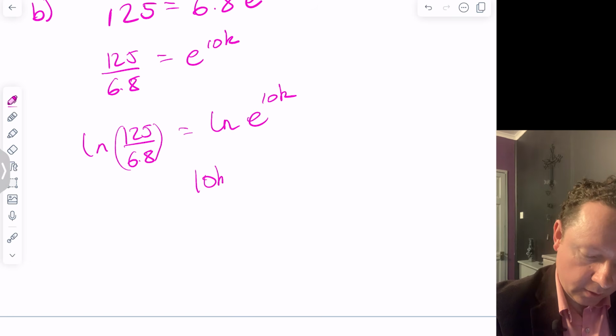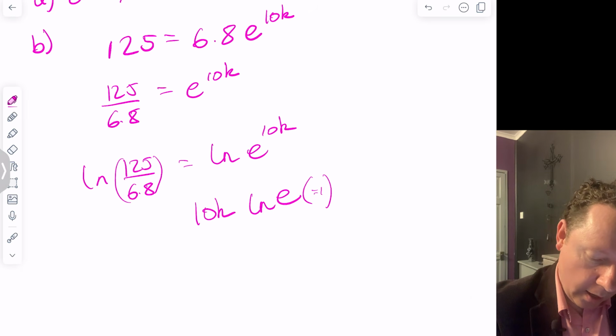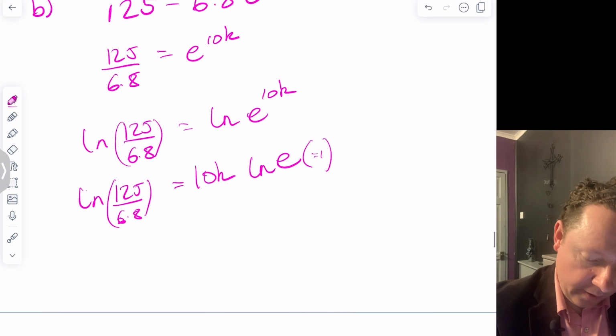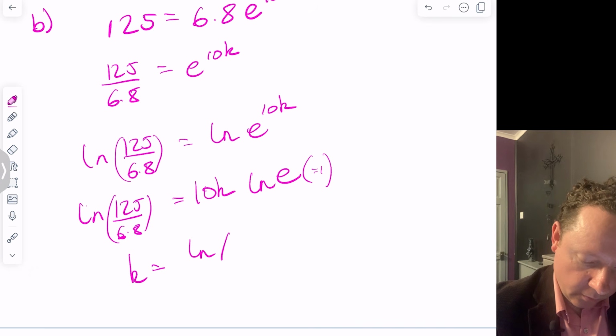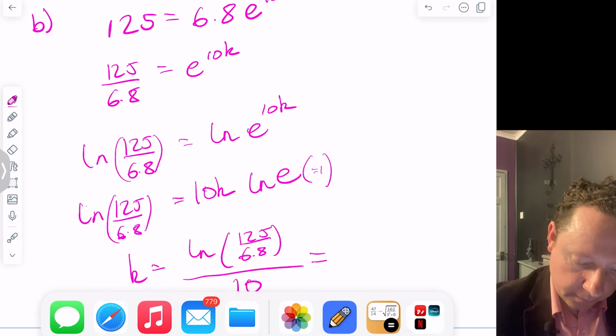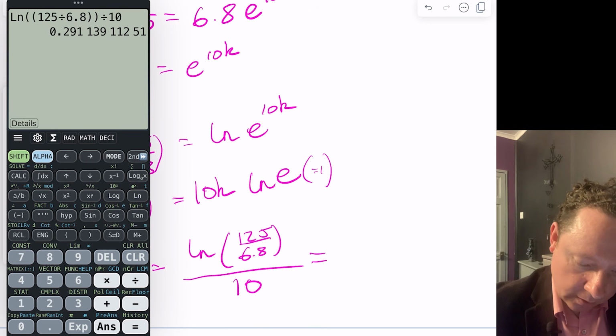10k can come down to the front to get ln e, which is just 1, remember. And that is ln 125 over 6.8. And therefore, k is very simply ln 125 over 6.8, all divided by 10, which is a calculator job. ln 125 over 6.8, all divided by 10, 0.2911, blah, blah, blah.